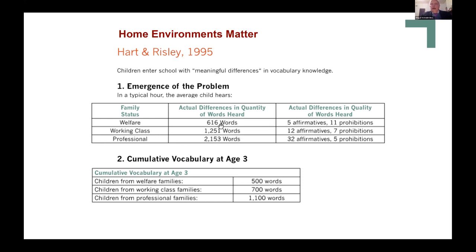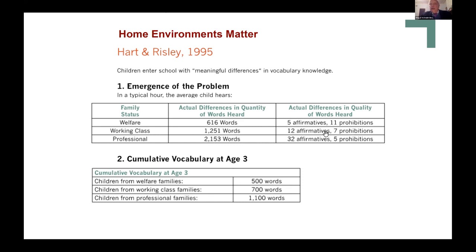The difference in the vocabulary heard at a given age comes to about 600 words for the disadvantaged kid and about 2,200 words for the advantaged kid.